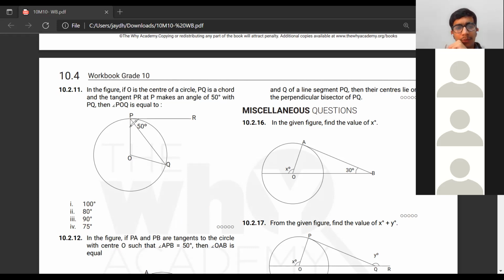Achha, anybody who could tell me what is the measure of this angle? Except Ritvik. What is the measure of this particular angle?